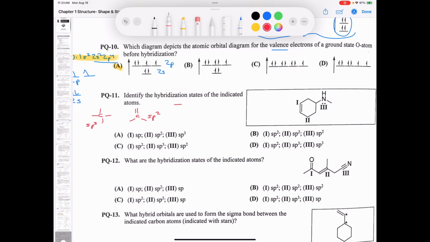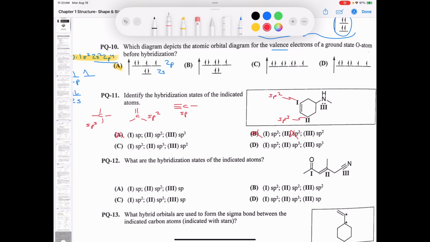And then, of course, if it has a triple and a single, it's sp hybridized. Nitrogen, we'll cover that one in a second. So based off of that, you can see that carbon number 1 is sp2 hybridized, and carbon number 2 is sp3 hybridized. So we got sp2, sp3, and we can cross this one off.